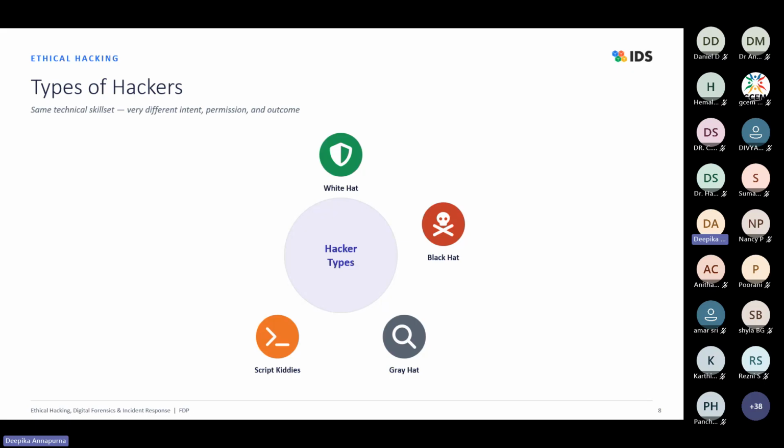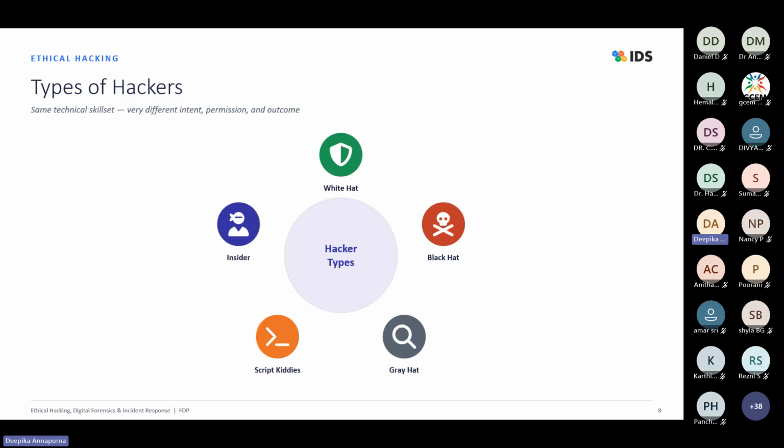So let's say they will download a tool from the internet and try to click something to gain access to the system. Without any proper experience, like lack of expertise, they will cause significant damage, right? Without any proper experience, you don't know what to do and what you will be accessing. Those are called script kiddies.